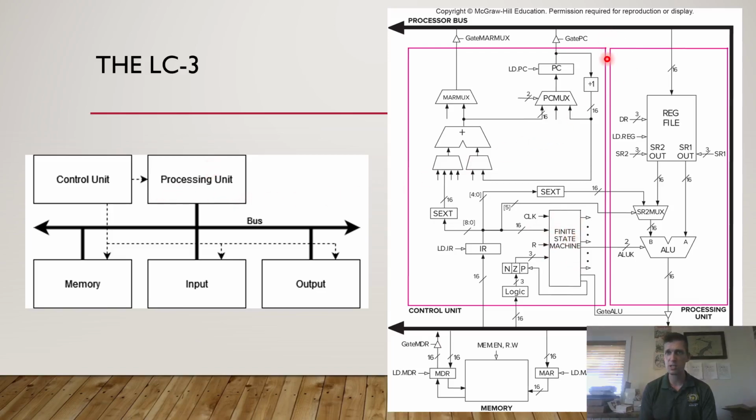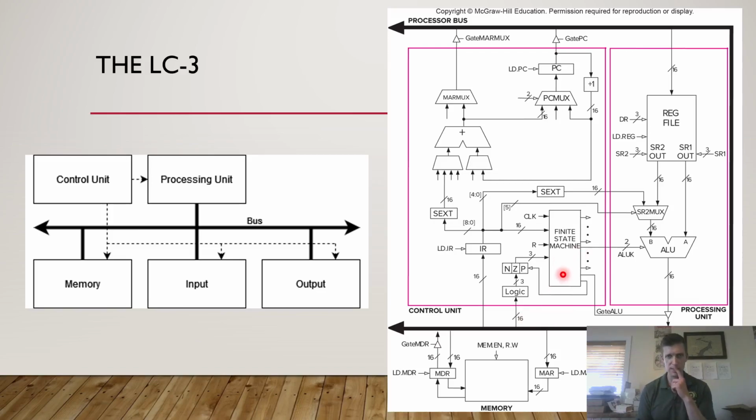I've got my processing unit down over here in this pink box, which contains my ALU and some temporary storage. And then at the bottom of my diagram, I've got my memory, and input and output. Okay, so the LC-3 is absolutely a von Neumann computer, and it's got all 5 of those components.